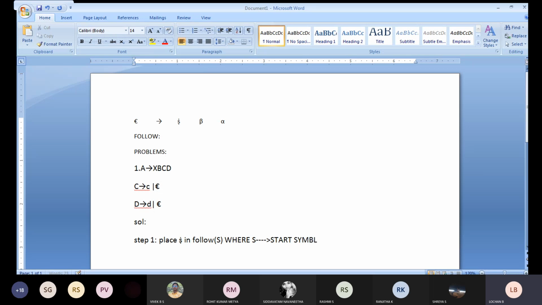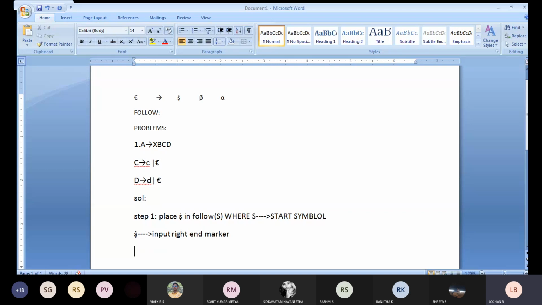The dollar indicates the input right end marker. This is with respect to your step 1.